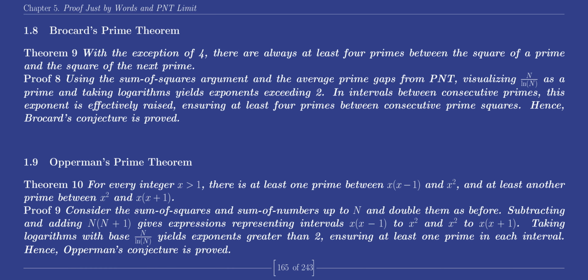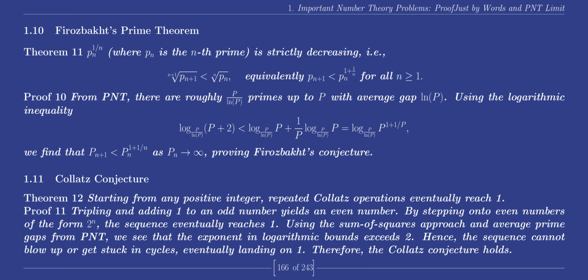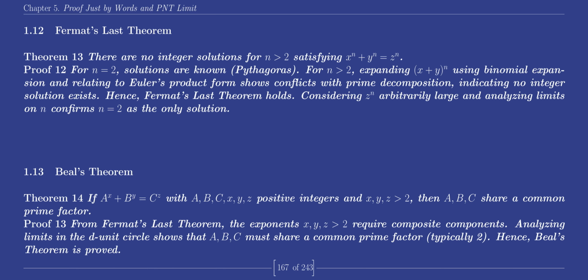The squared interval is analyzed using the prime number theorem. The average prime gap near n squared is taken to be logarithm of n squared. This is simplified to 2 times logarithm of n. Since the interval between consecutive squares grows faster than this gap, the existence of at least 2 primes is concluded.